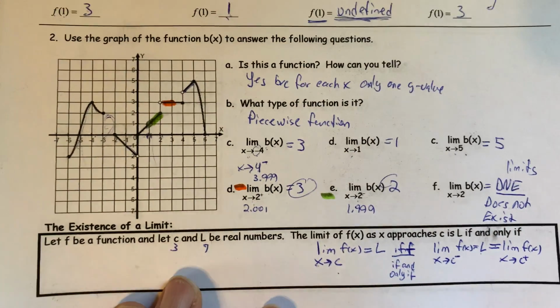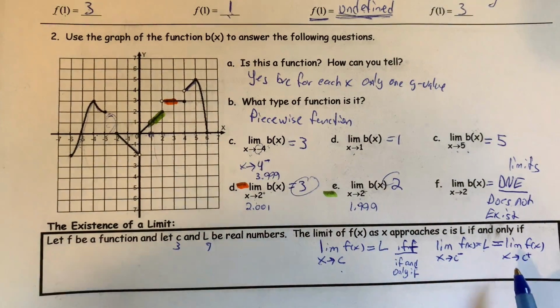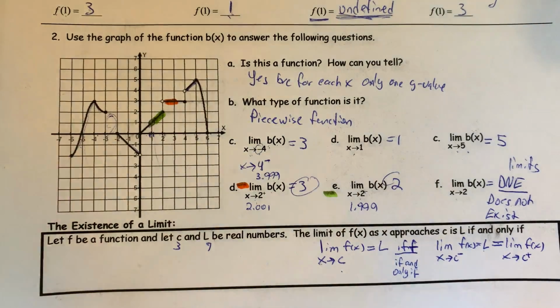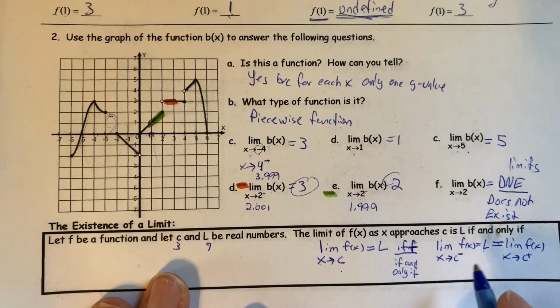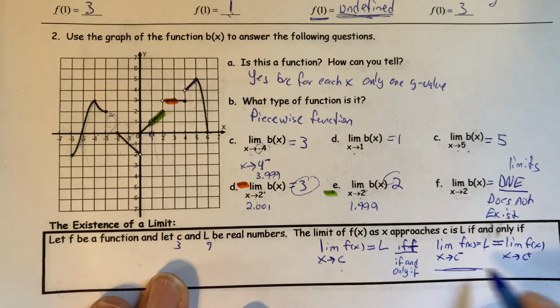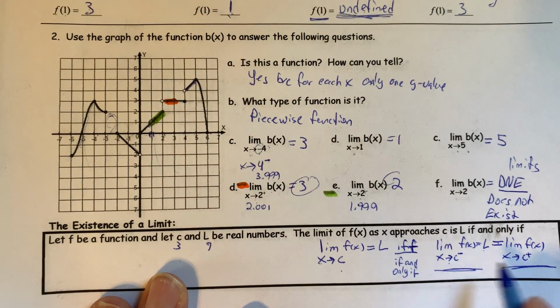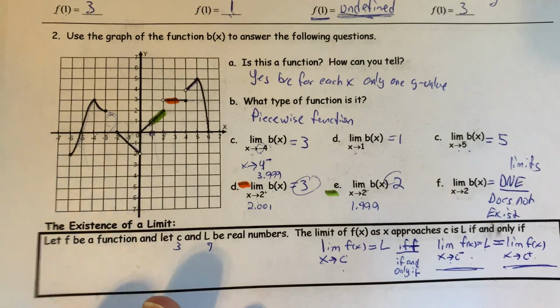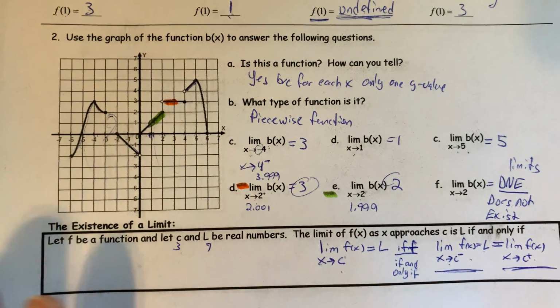So those are the two things that need to be true. And on the AP exam, when you are justifying the existence of a limit on the free response section, when they ask you what is the limit of something, very, very often, in fact almost every AP exam, you need to calculate both the left limit and the right limit and say that they're equal to each other, and therefore the limit is that thing. So let's look at an example with these numbers.